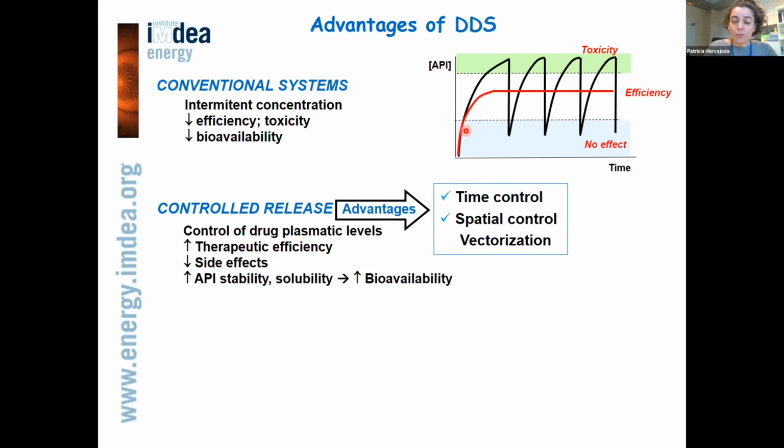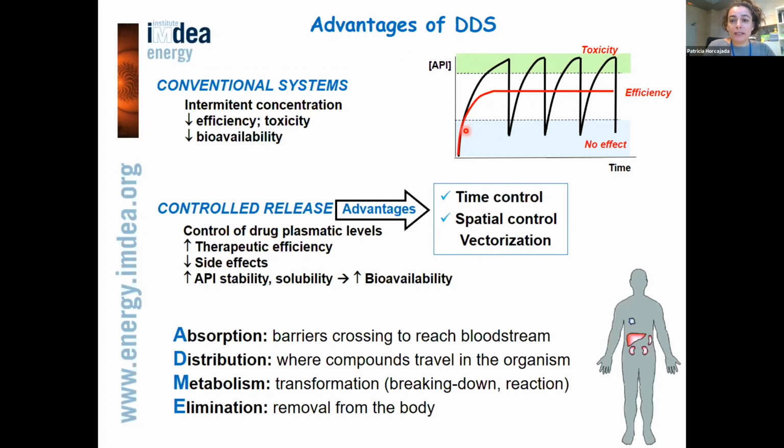In addition, we can also protect the active ingredient inside the carrier, for example, and modify its properties such as the solubility, stability, and also its bioavailability. In this sense, we can control not only the delivery of the drug temporally, but also spatially, targeting the active sites.